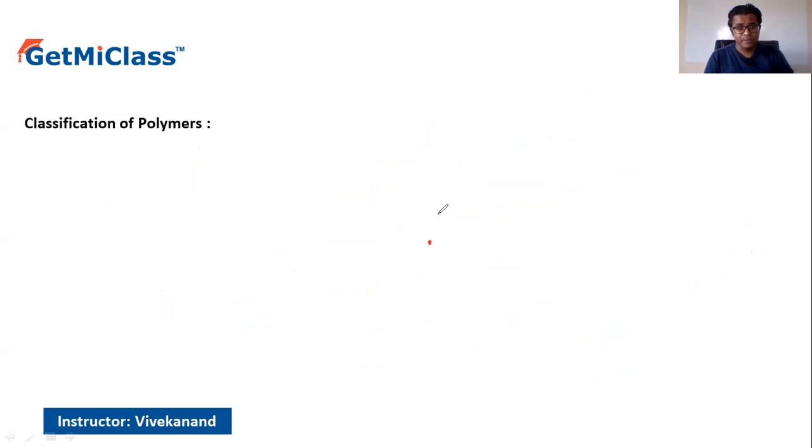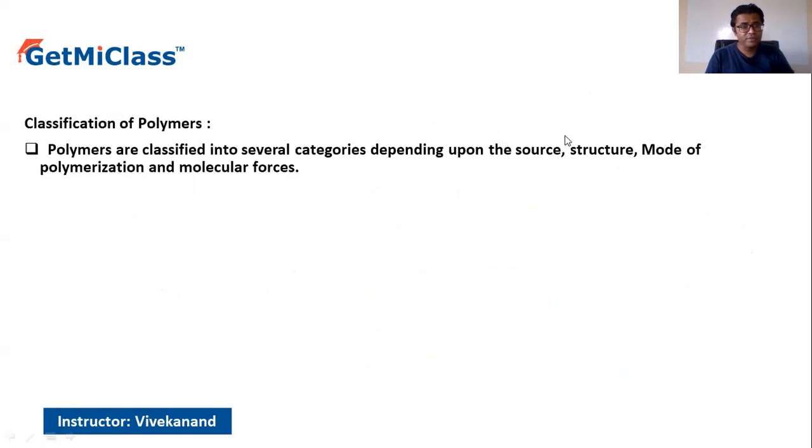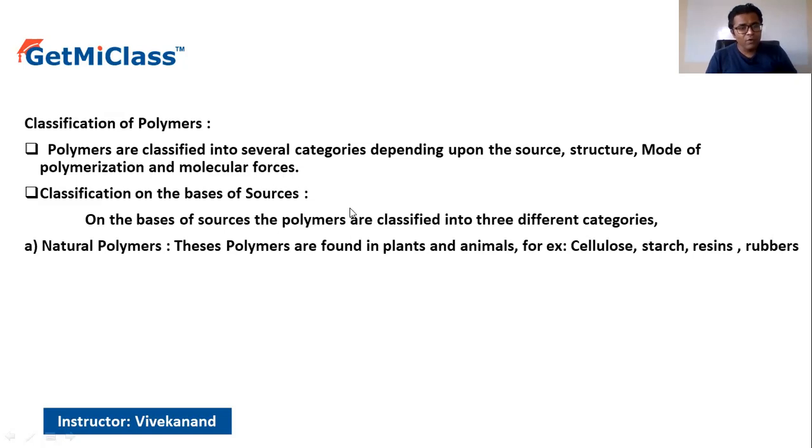So the first point was that on the basis of classification, the polymers are classified into several categories depending upon their source, structure, mode of polymerization, and yes, molecular forces which are involved in those particular polymers. So, on the basis of sources, which we have already discussed, these are categorized into natural polymers.